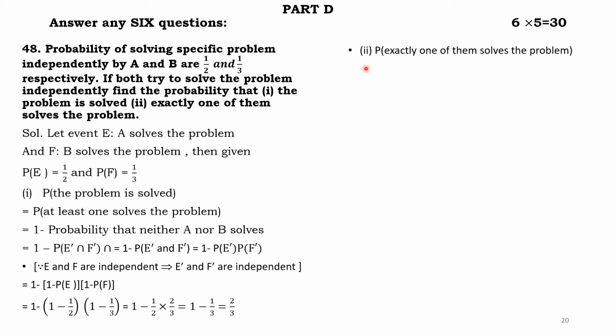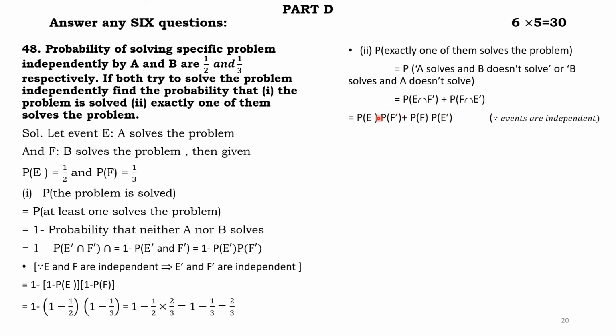Question number 2. Exactly one of them solves the problem. Therefore, probability A solves the problem but B does not solve, or B solves the problem and A does not solve. That is, A solves means event E and B does not solve means F dash. Therefore, probability of E intersection F dash plus probability of F intersection E dash.